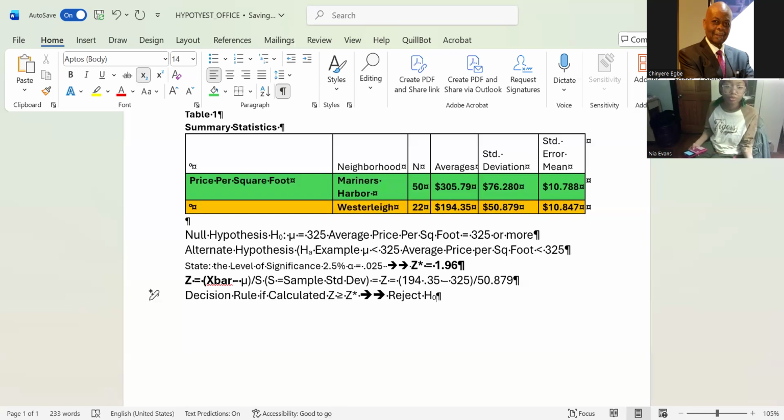So if Z is greater than or equal to Z star, we reject the null hypothesis. But if Z is less than Z star, we cannot reject the null hypothesis.